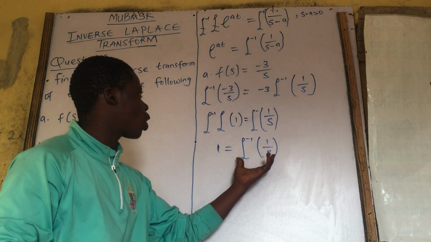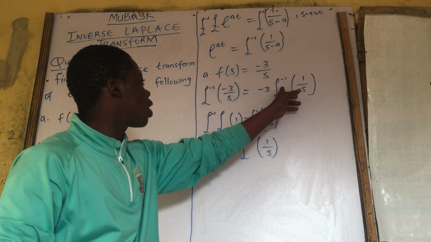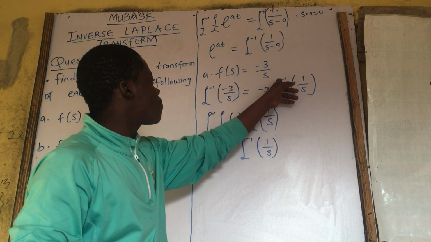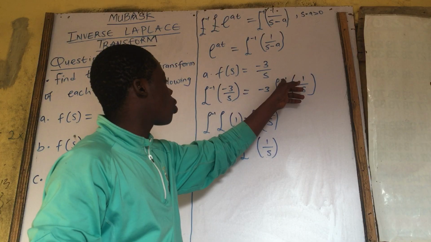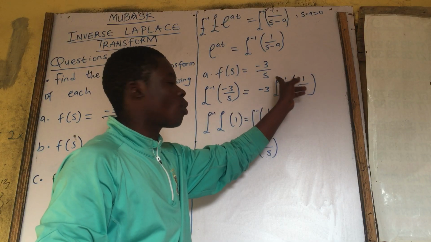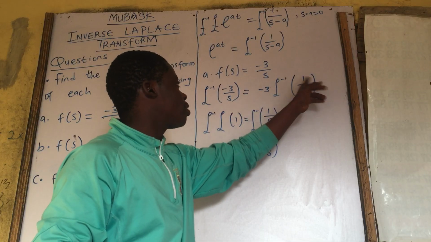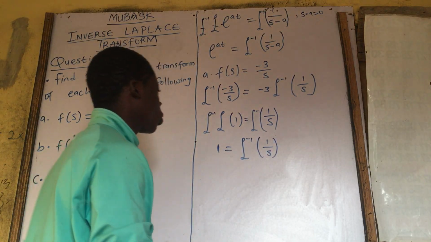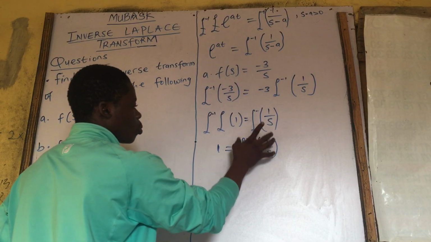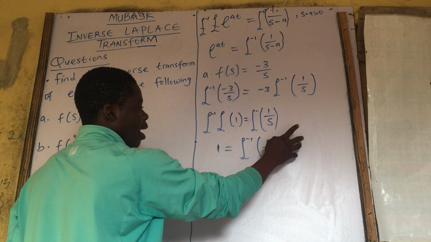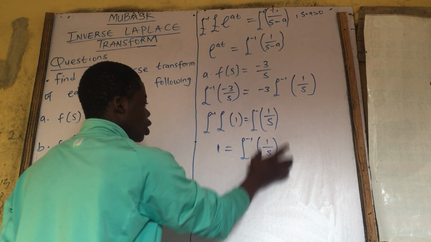So from the question, minus 3 multiplied by the inverse of Laplace of 1 divided by x, and the inverse Laplace of 1 divided by x equals 1.